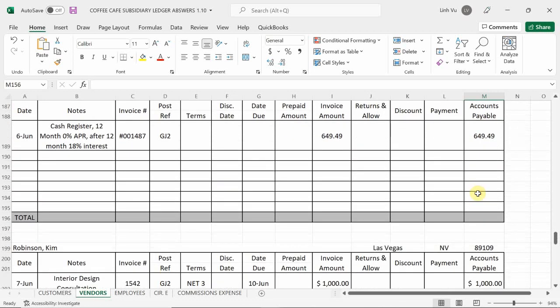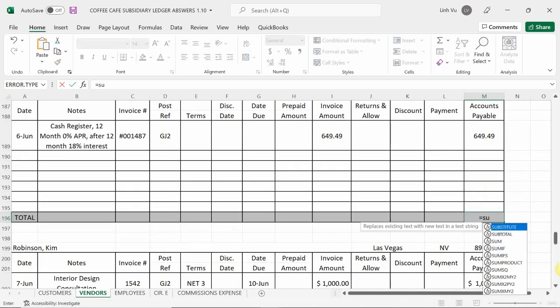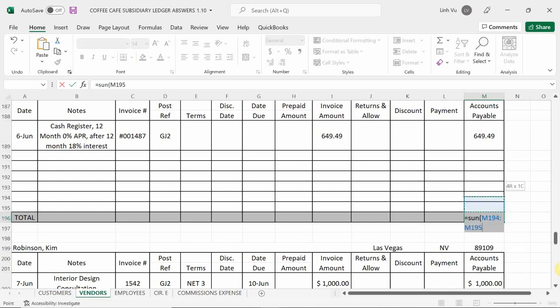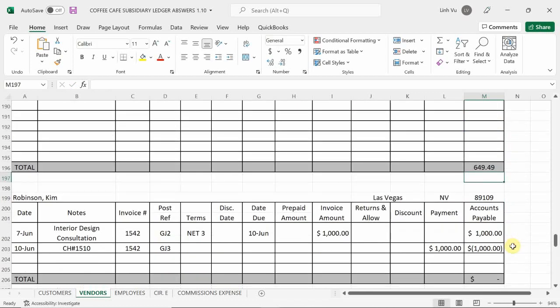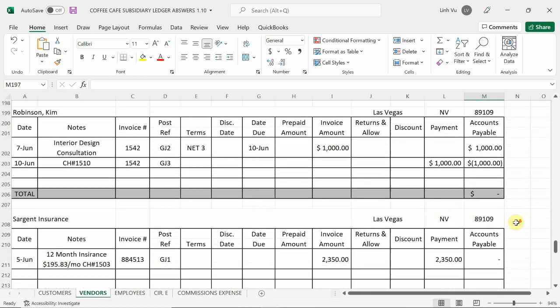You owe NV Utilities, or in this case, restaurant supplies. I owe them how much? I owe them $600. Okay, 649.49. I owe Kim nothing.